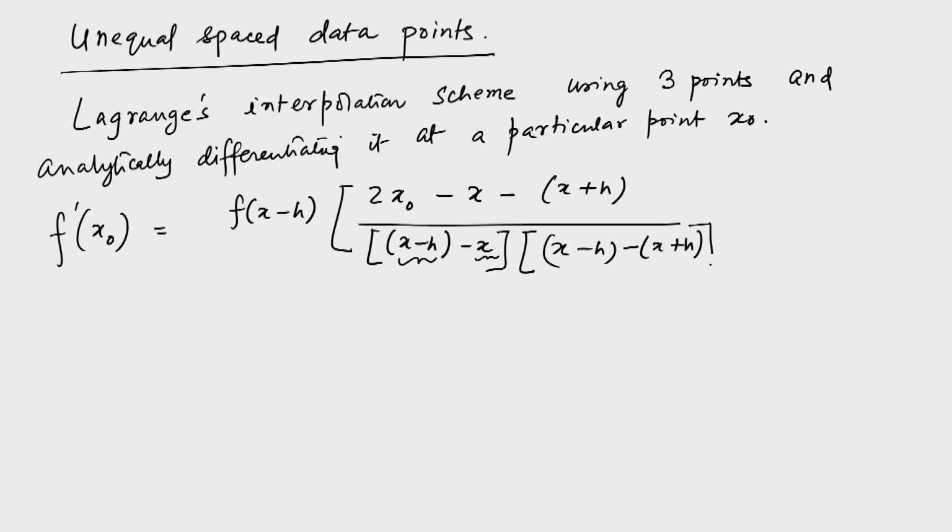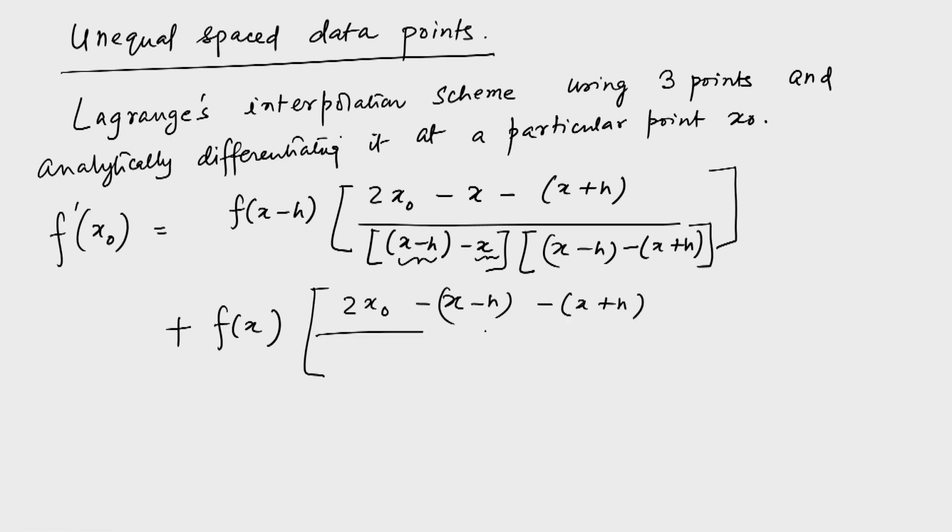These are the two data points, and there is a value of the function at these left points, plus f of x and 2 x 0 minus x minus h minus x plus h, and then there is x minus h and x minus x plus h.